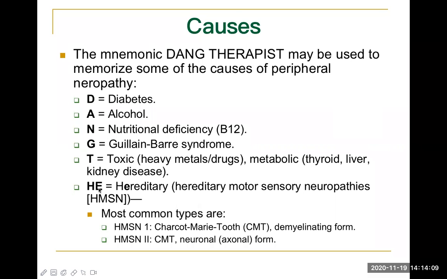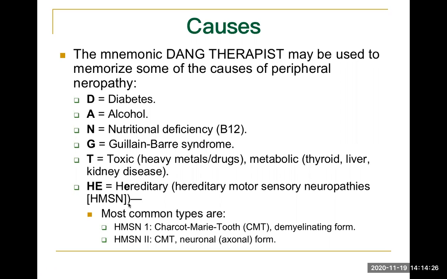Now another cause of peripheral neuropathy. Okay, we use H and E here together, which is hereditary neuropathy. We also call them hereditary motor sensory neuropathy.